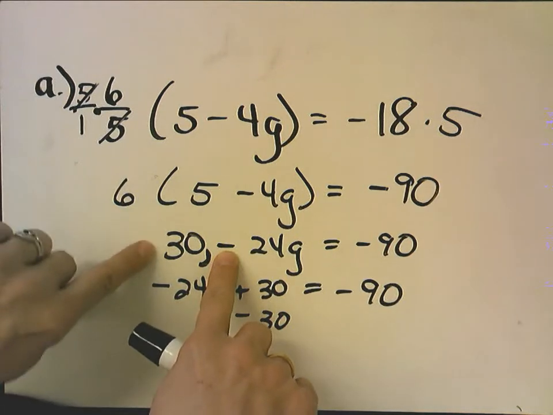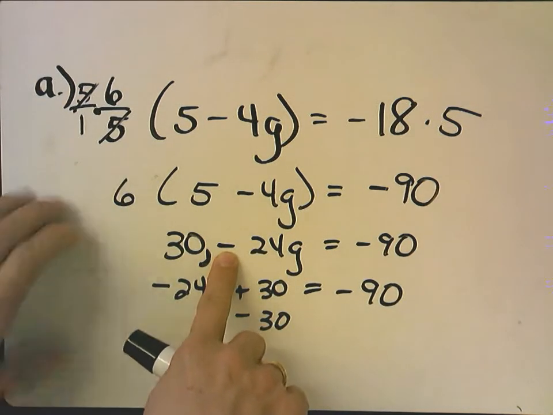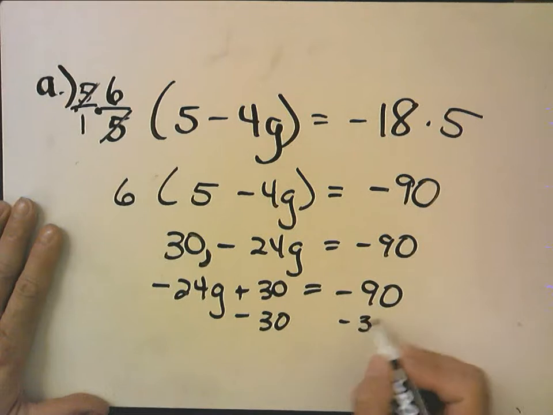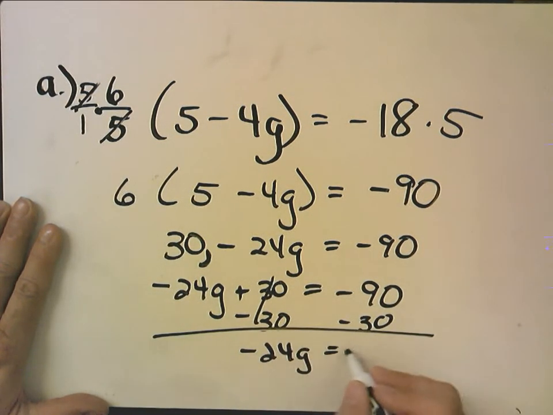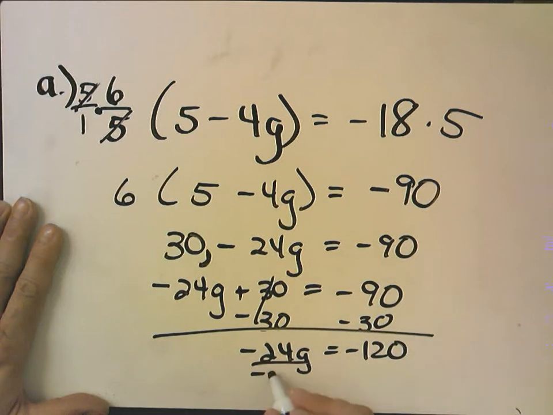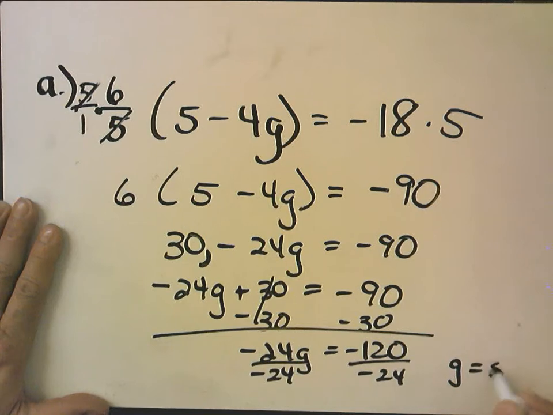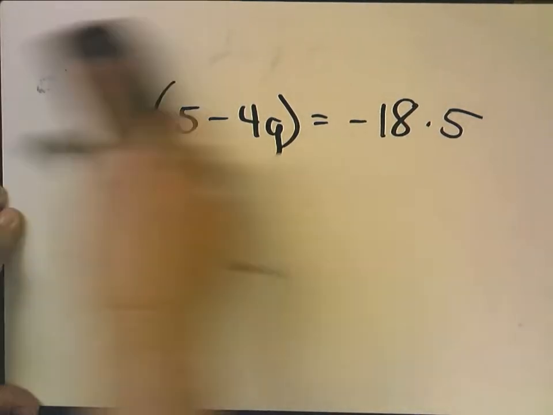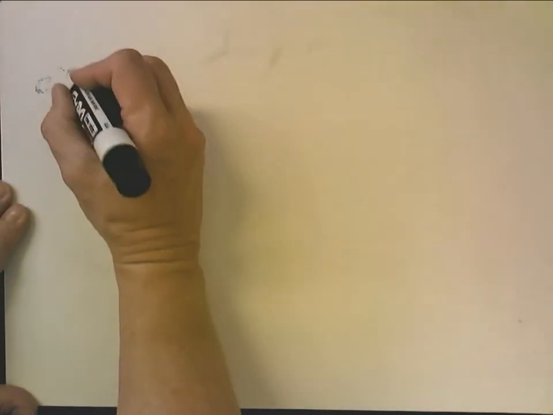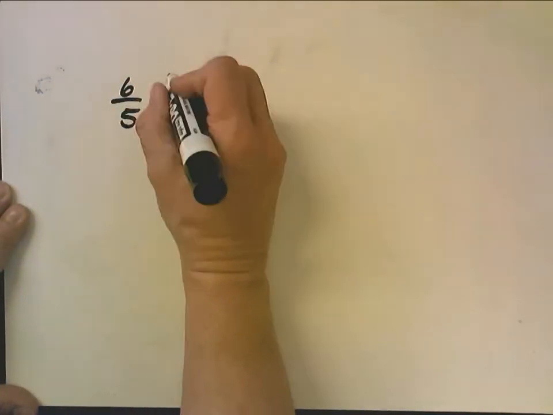But if you want to zero out the 30 and it's already positive, you subtract. So I'm going to subtract 30 from both sides. Negative 24g equals negative 120. Divide by negative 24, divide by negative 24. g equals 5.